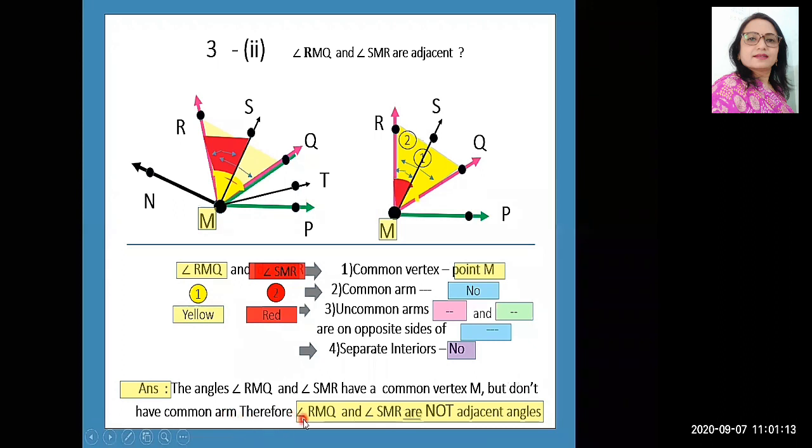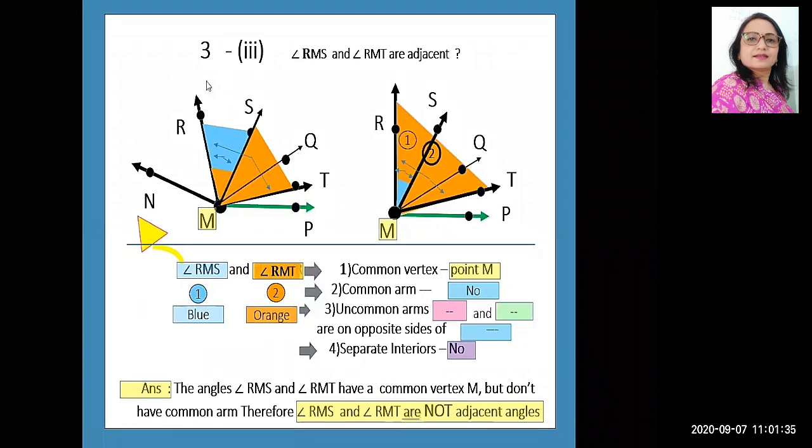Therefore, angle RMQ and angle SMR are not adjacent angles. Why? Because one angle is overlapping on the other. Their interiors are not separate.